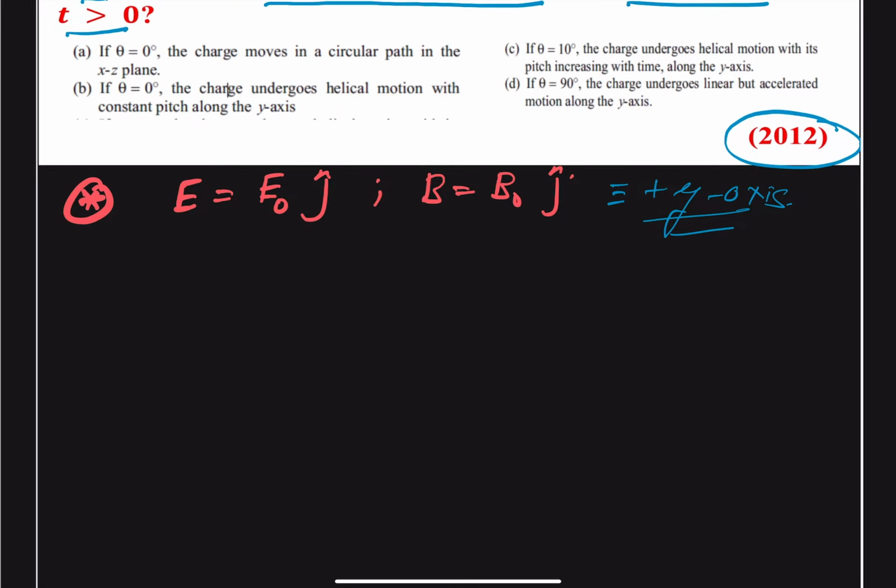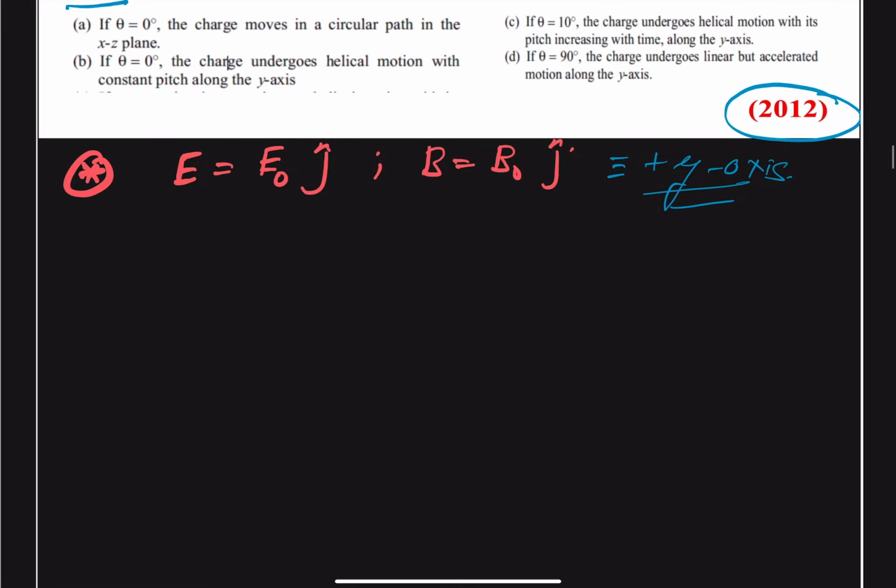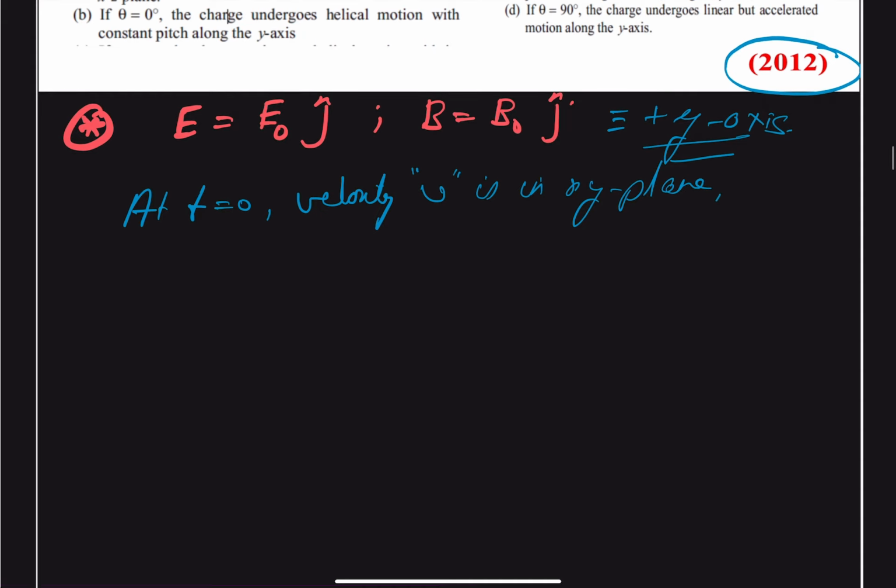Secondly, we are given that at t equal to 0, velocity, that is our v, is in the xy plane, making an angle theta with the x-axis.